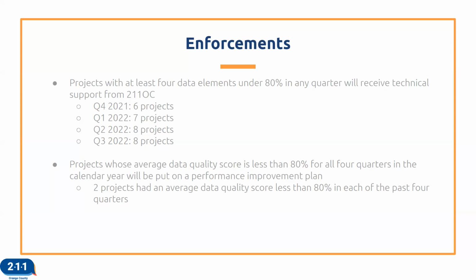I actually have been looking at the report cards today and making some updates to revise that in the future, so that those street outreach clients that don't have a date of engagement won't be included on the report cards moving forward. So those of you with street outreach projects, you'll likely see your data quality improve a bit on the next report card.